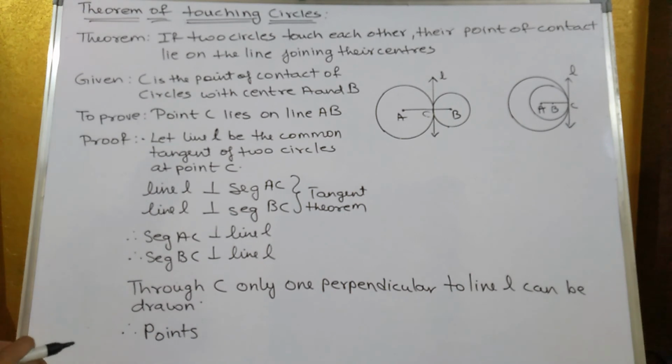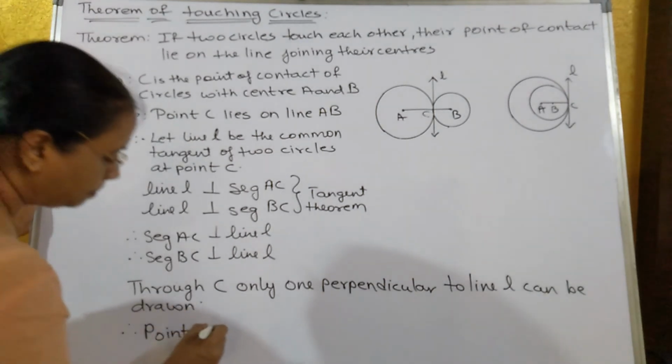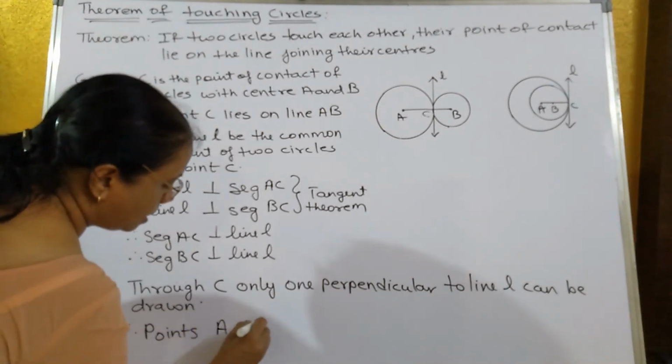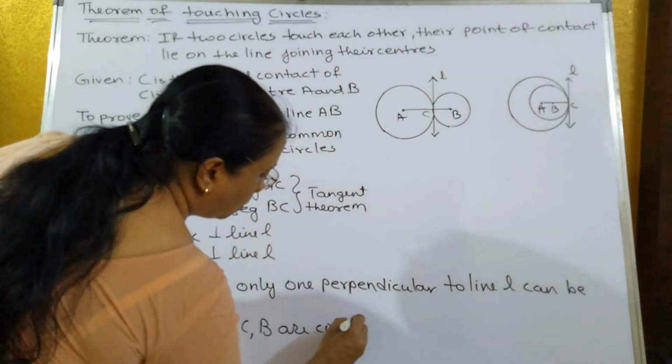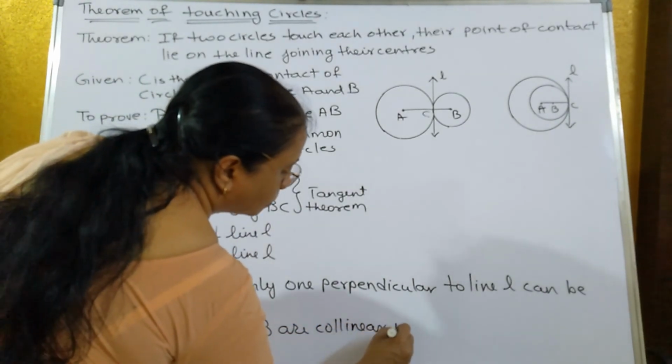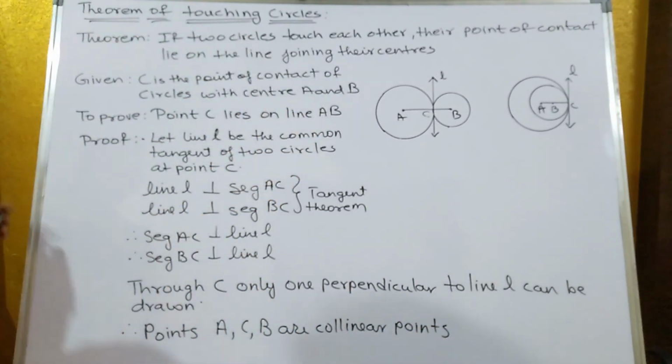We can't draw many lines, only one line can be drawn through the point of contact C. So points A, C, B are collinear points. All three points, A, C, B, are collinear.